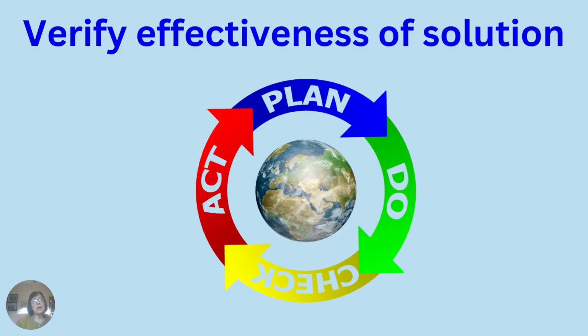So one way to do that is what's called Plan, Do, Check, Act. This is kind of a condensed version of DMAIC, if you will. So you have your plan, you implement it, you check it, and then you act upon it. So the acting is, everything's good.